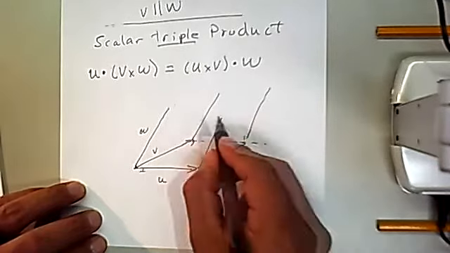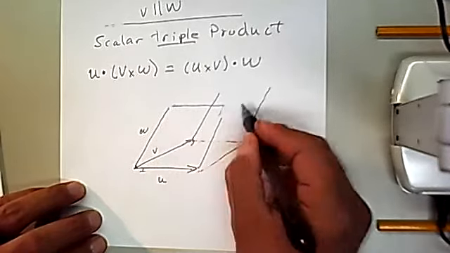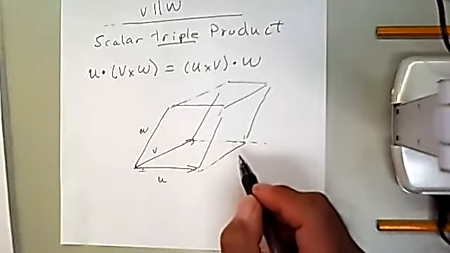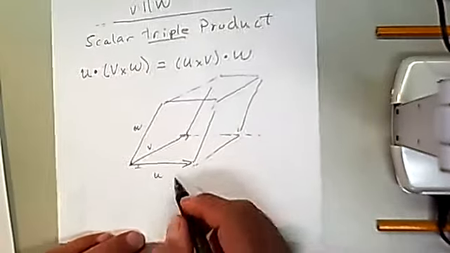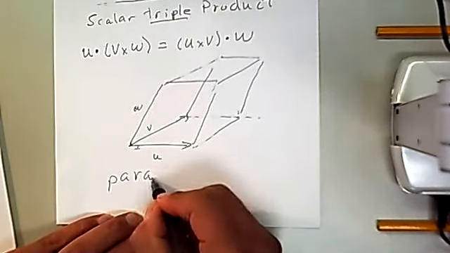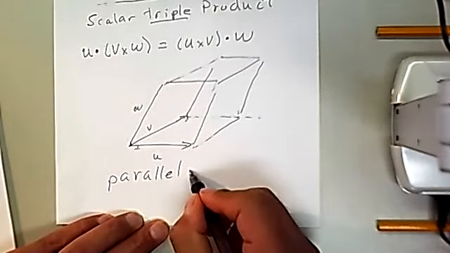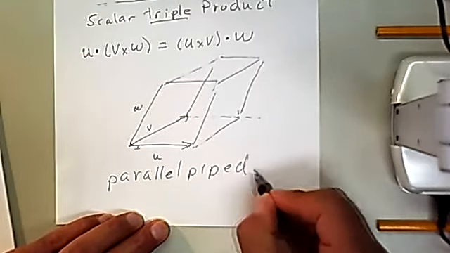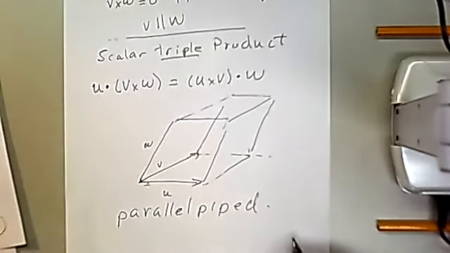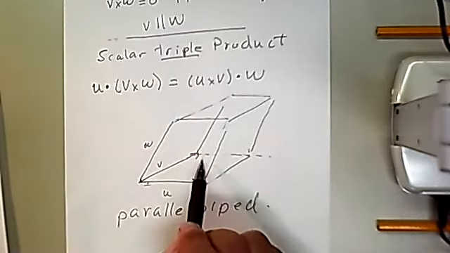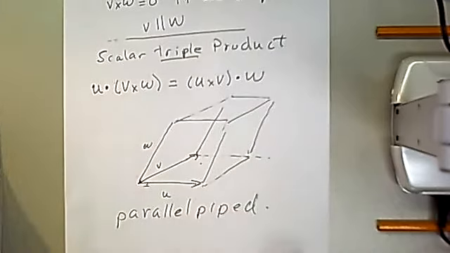And then we can form what is called a parallelepiped. Let me write it down because that is not so easy to pronounce. Parallelepiped. There you go. And the magnitude of this triple product will be equal to the volume of that.